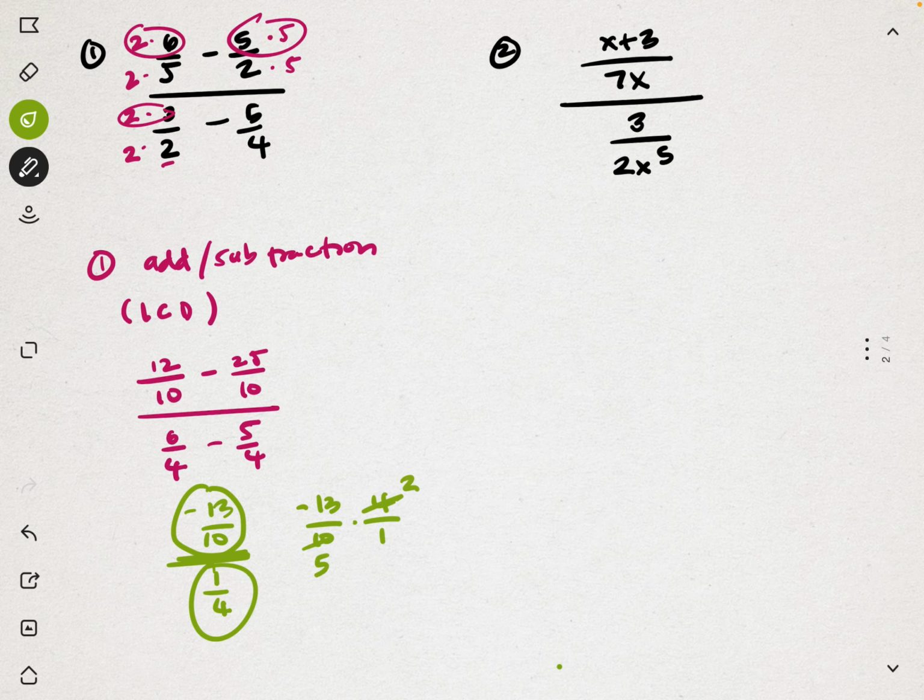So we get negative 13 times 2 is negative 26 over 5 times 1, which is 5. Okay, and then this step would be change the division to multiply by the reciprocal.